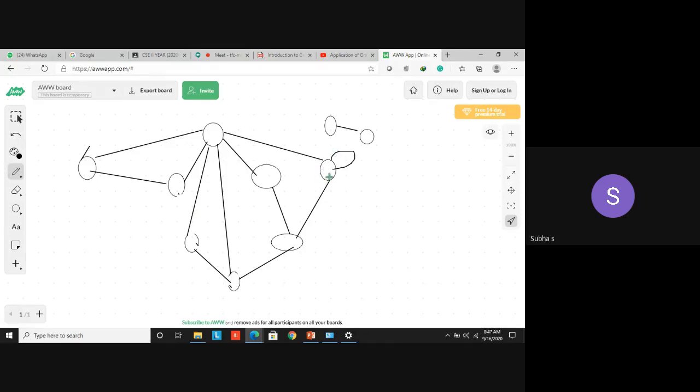That is called a self loop. But a self loop is not present in a tree data structure. That is the difference between a graph and a tree. We can have a self loop, that means a node can be connected to itself. I'll tell the applications of these in the forthcoming classes. But a self loop is not possible in a tree.